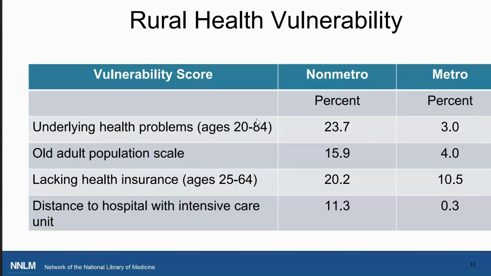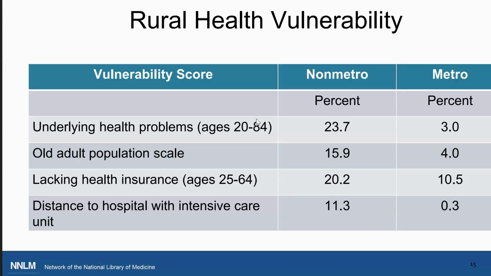Another chart for folks. This actually comes from the 2020 edition of Rural America at a Glance, and this goes back to some of those things that we were talking about earlier about the health issues faced in rural areas and actually puts some numbers to the vulnerability and disparity between non-metro and metro areas.